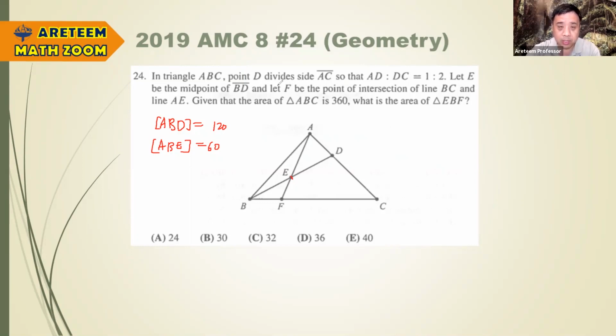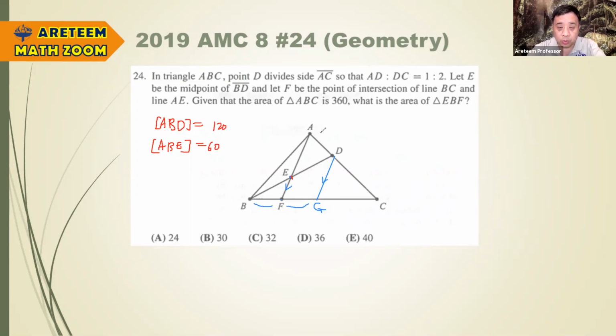So let's do this. From the point D, draw a line parallel to AF, and let's call this G. So DG is parallel to AF. In that case, since E is a midpoint, F is also the midpoint of BG. So these two are the same.